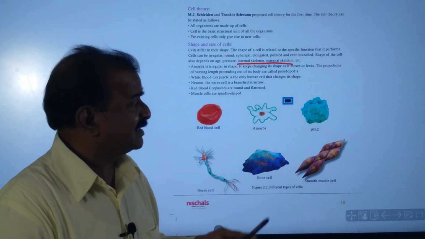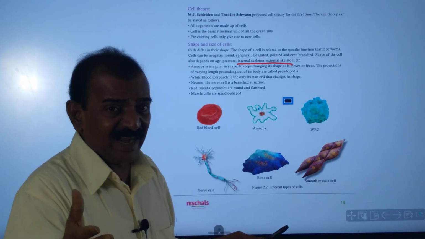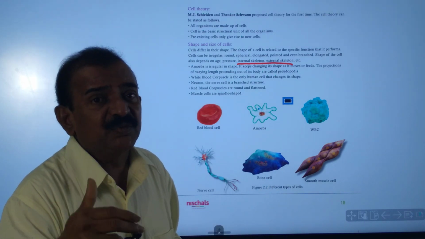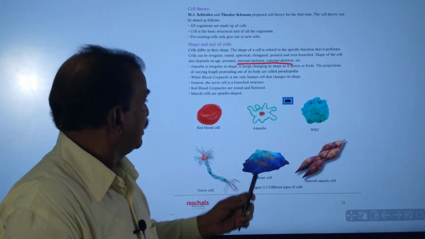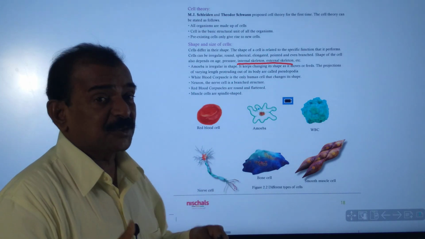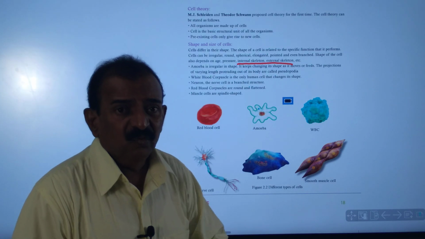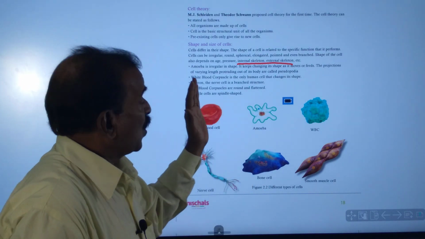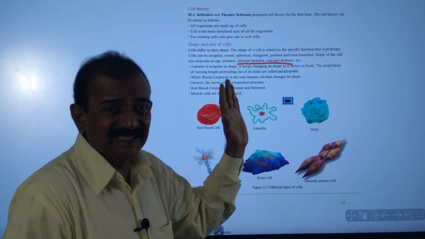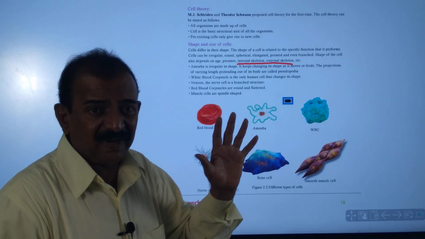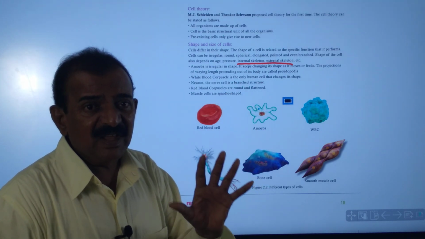Red blood cells are round and flattened, and are useful to carry oxygen. Muscle cells are spindle shaped. So in this concept we discuss the shapes and sizes of the different cells present in living organisms.